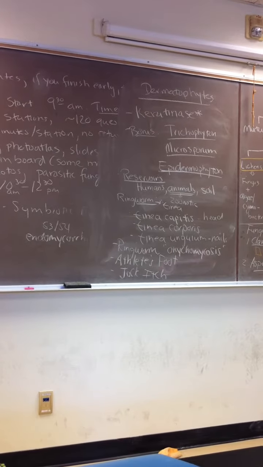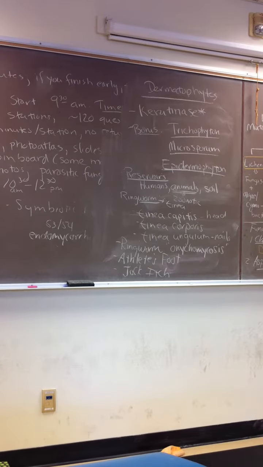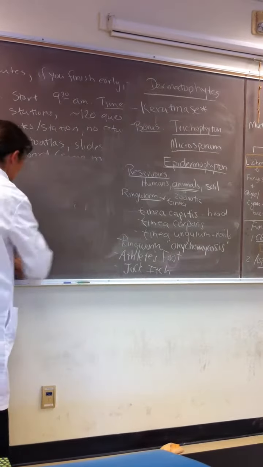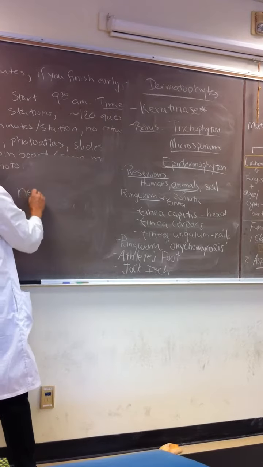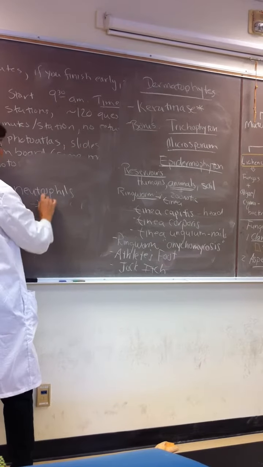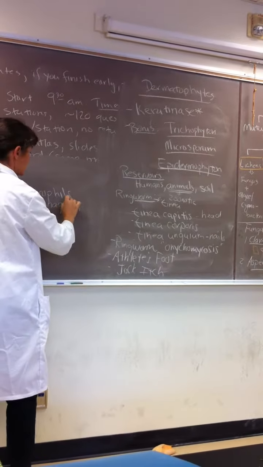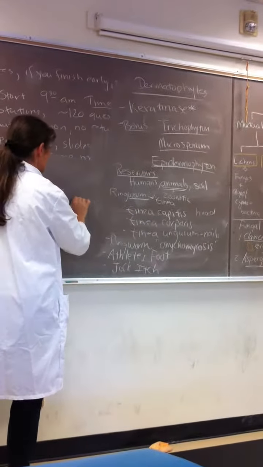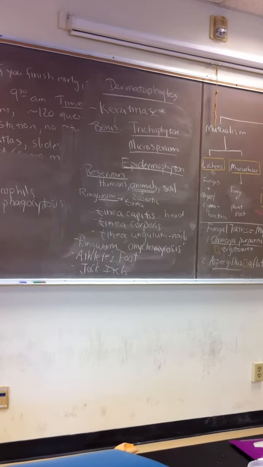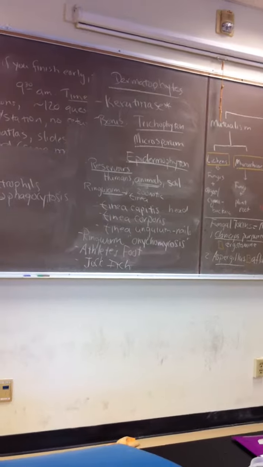Phagocytosis is a major defense mechanism that we have. Initially, we really rely on our neutrophils to phagocytize the invading fungi and destroy them before they have a chance to really colonize us.